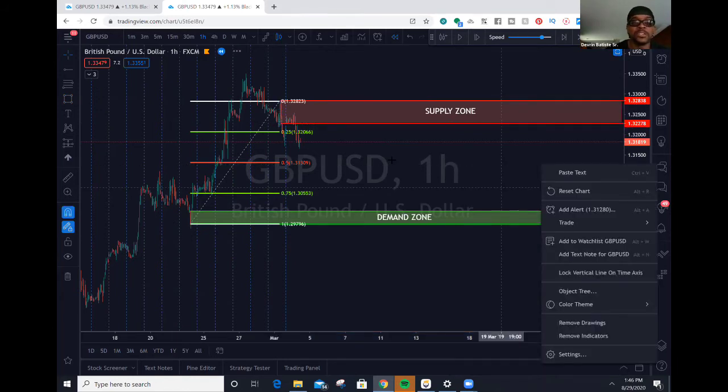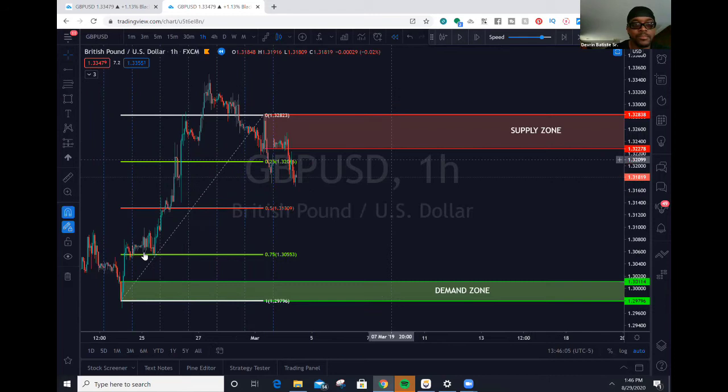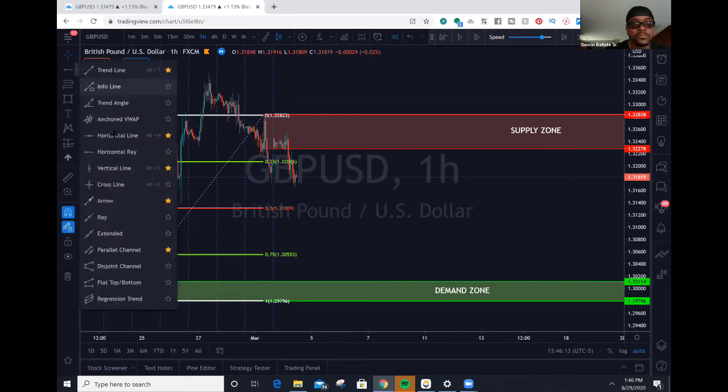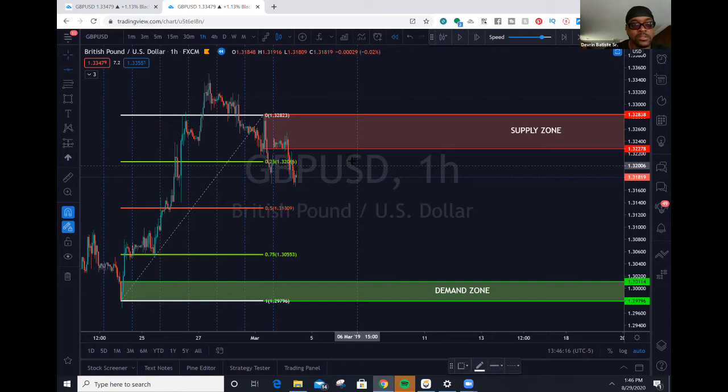So what we do next is, you see the 25% line? That's called the upper quartile zone. So mark it, upper quartile zone, and you sell from there.